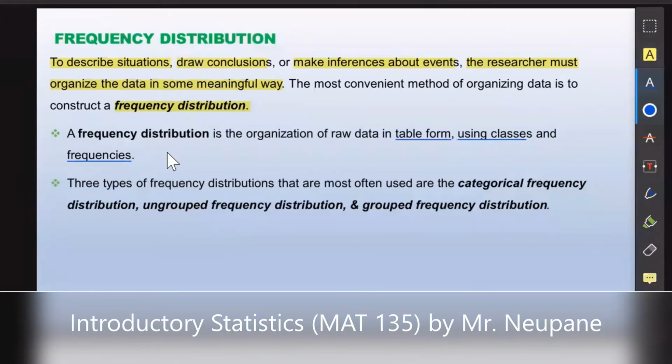The first one is called the categorical frequency distribution, which is for the categorical data, ungrouped frequency distribution for numerical data, and grouped frequency distribution for numerical data. So this is the definition and fundamental idea about frequency distribution. Now we are going to explore the example on frequency distribution.